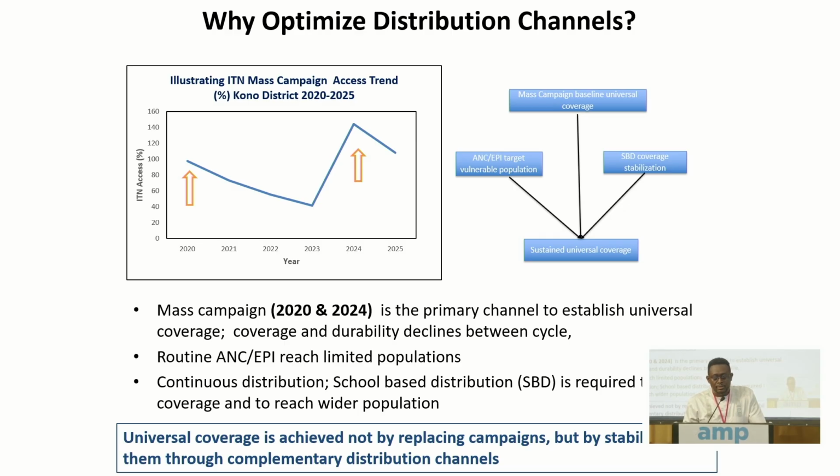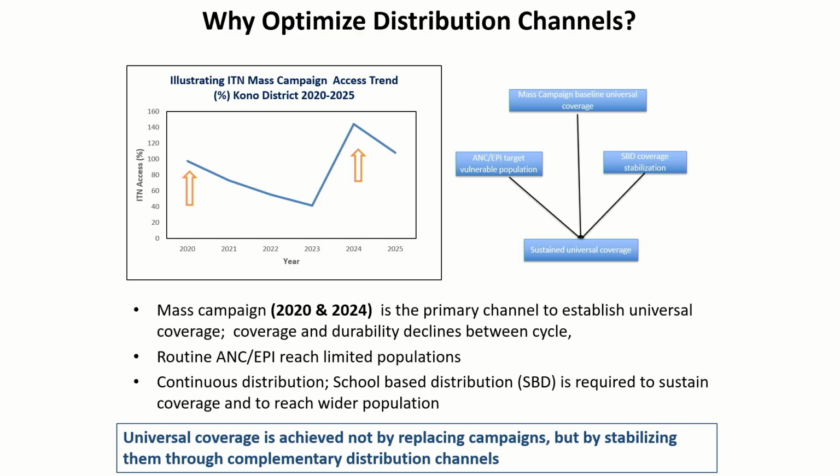We target vulnerable populations, pregnant women and children. Yet there is limited ITN access in the population. Therefore, continuous distribution, the school-based distribution, serves as a channel where we sustain coverage in between campaigns.